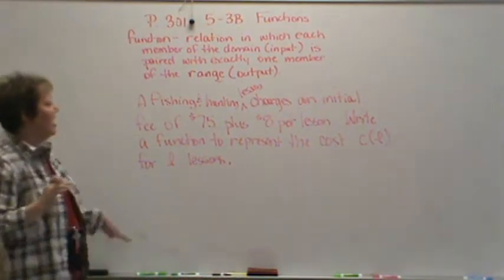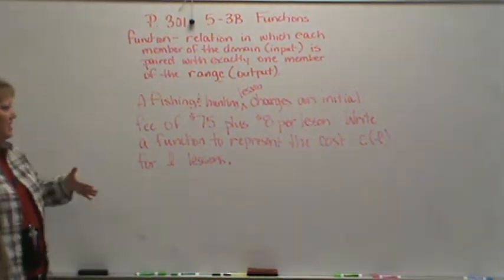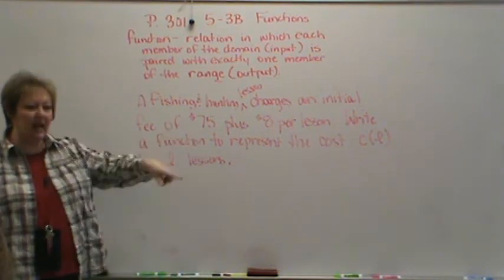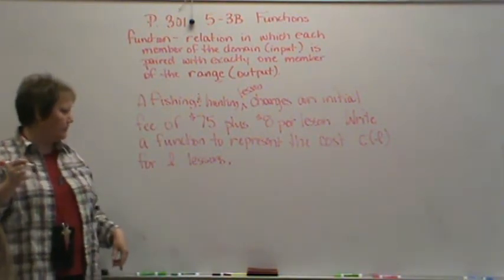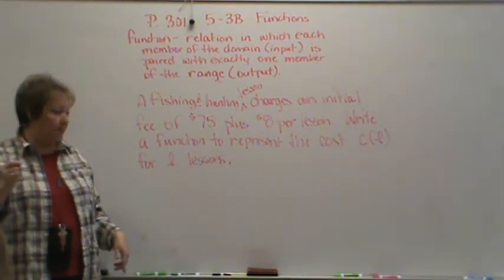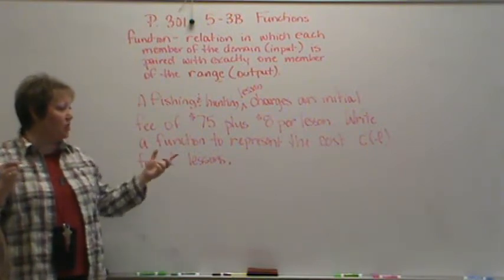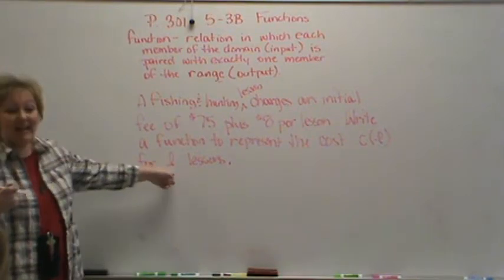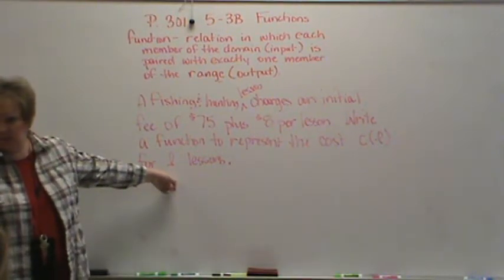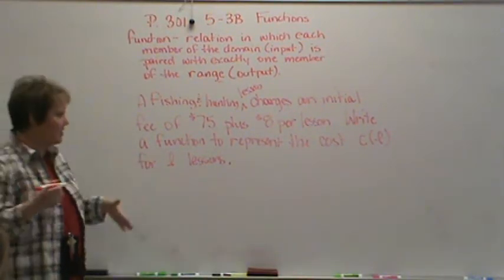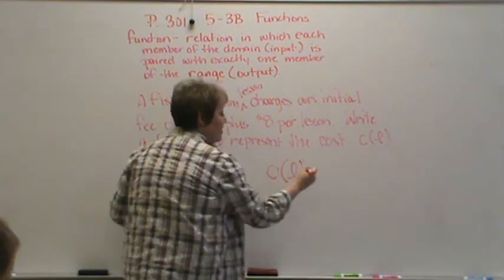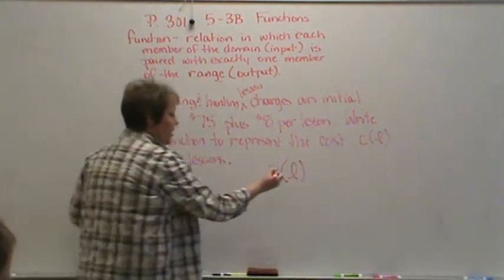Okay, a fishing and hunting lesson charges an initial fee of $75 plus $8 per lesson. So we're going to write a function to represent the cost of the lessons for any given number of lessons that we could choose. So we're going to start out with C of L, cost of lessons, equals.